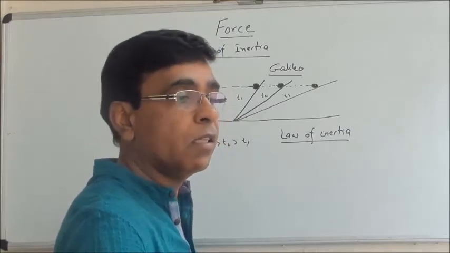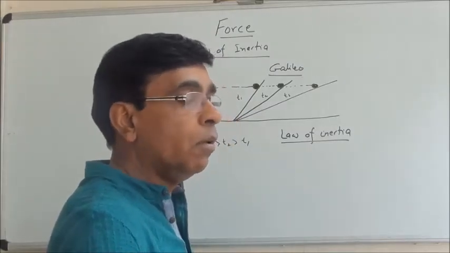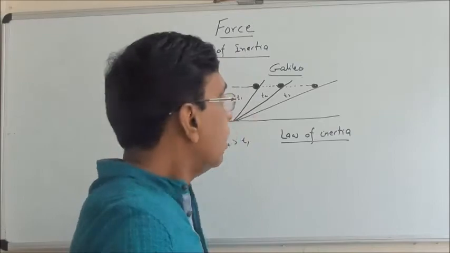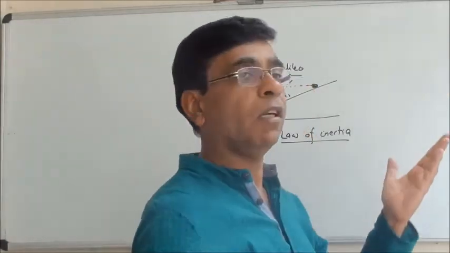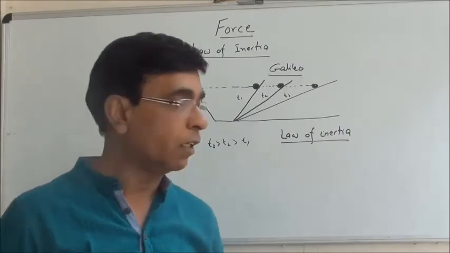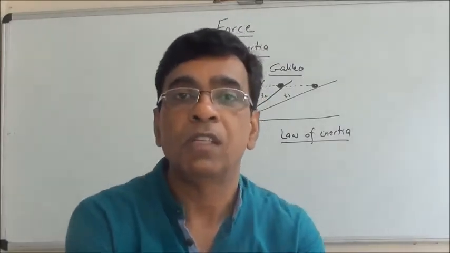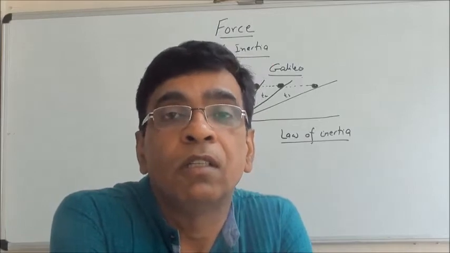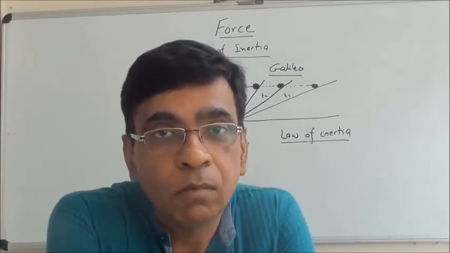If we can somehow make these forces zero, then a body moving with a certain speed in some direction will continue to move indefinitely. So this is the law of inertia, also called Newton's first law of motion.